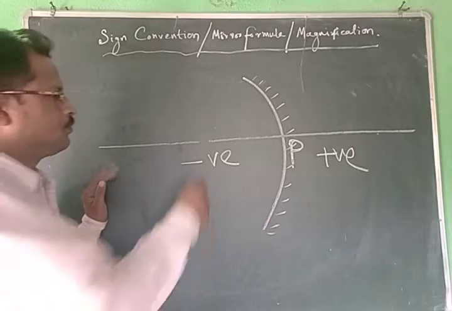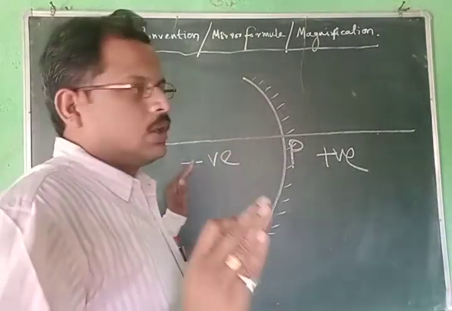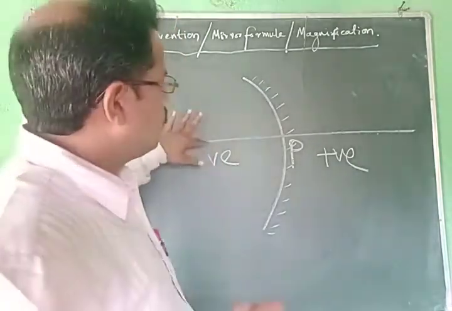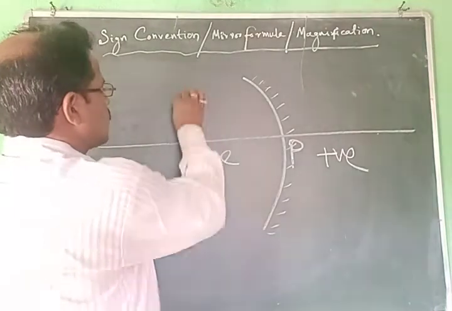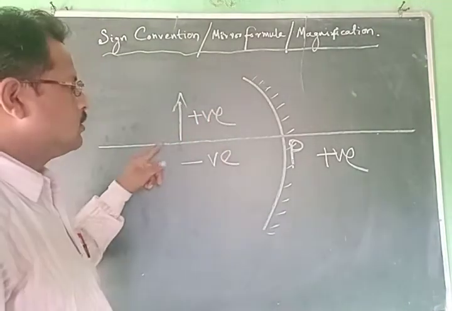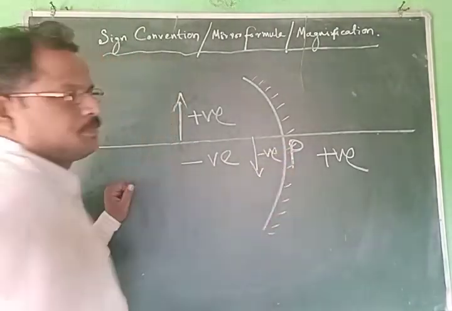And measurements upward from the principal axis are taken as positive, and downward from the principal axis are taken as negative.